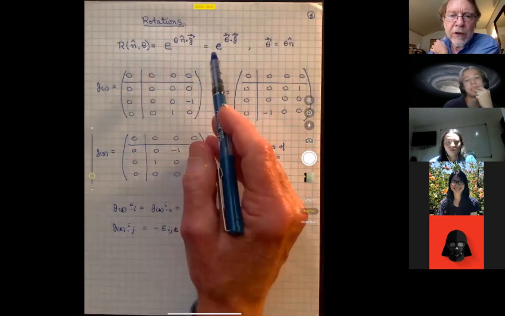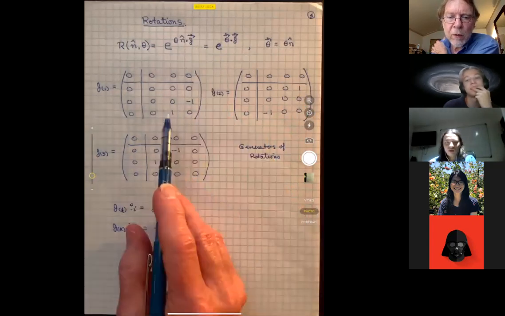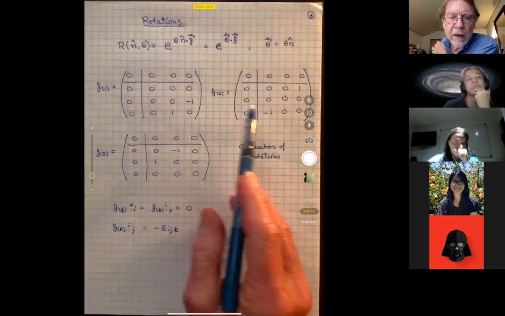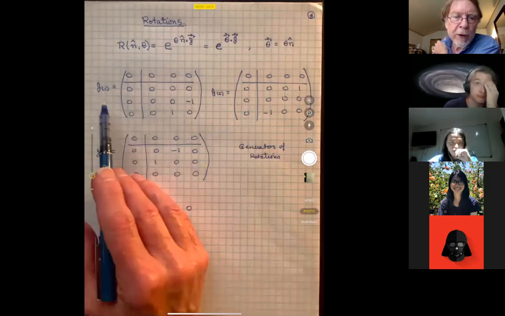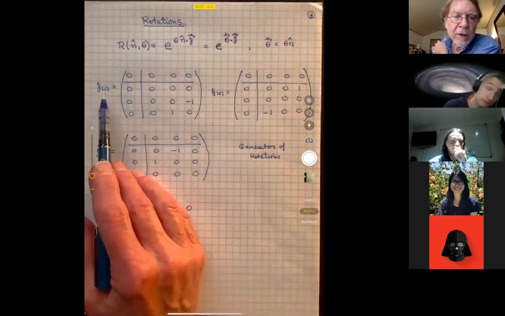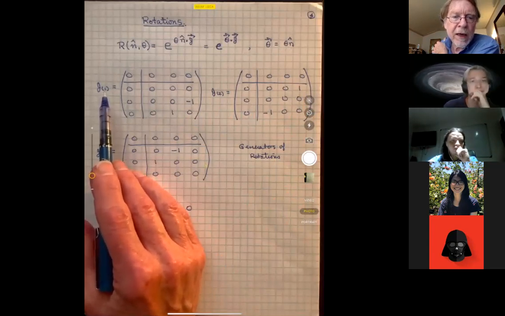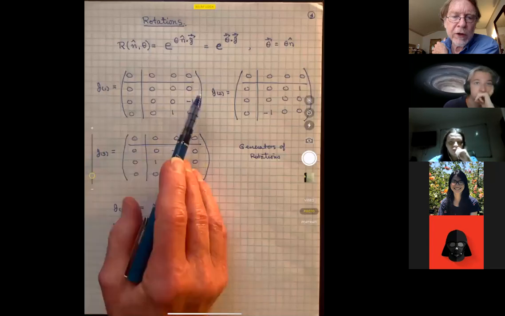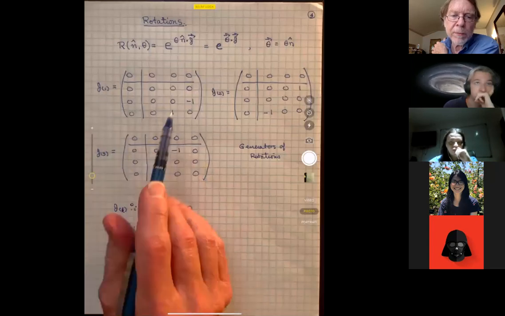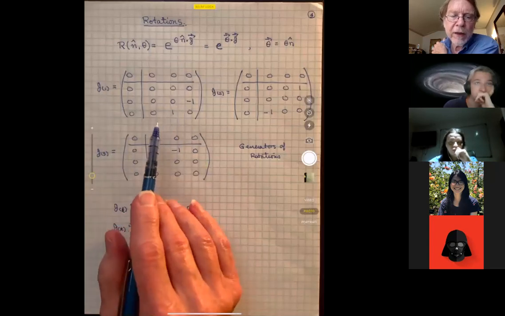In any case, the three J matrices are listed here, 1, 2, and 3. I'm putting parenthesized subscripts here on the J matrices to indicate that the numbers in the parentheses are not the components of the J matrix, but rather labels of them. There's three of them, J1, J2, and J3. The components are given explicitly by the matrix that's written out here.